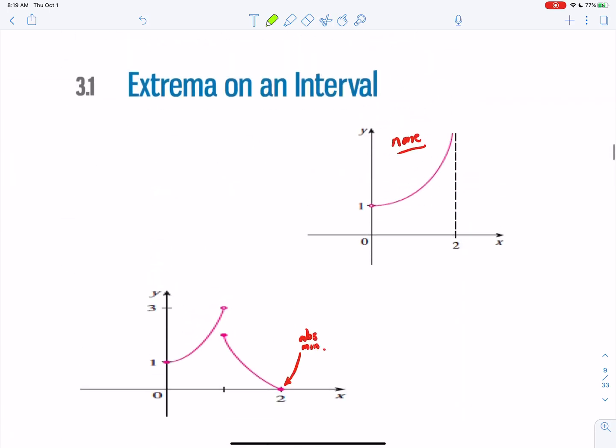Now here, take a look at this one, okay? Why did we not have any here? It looks continuous, right? But the thing is, is it continuous on a closed interval? That's where it kind of fell apart, all right? This is continuous on an open interval, but not a closed interval, which is the reason why we couldn't have any extremas here, all right?